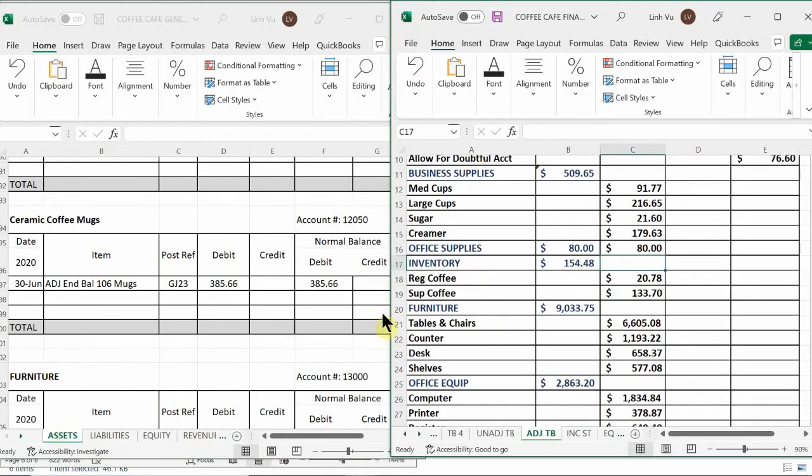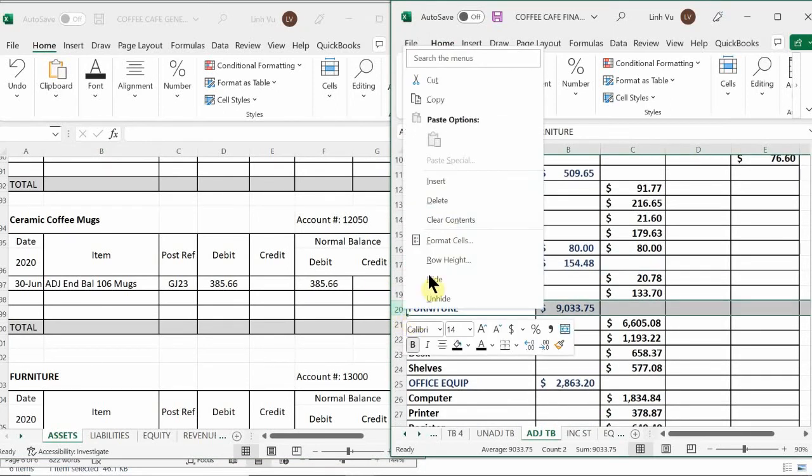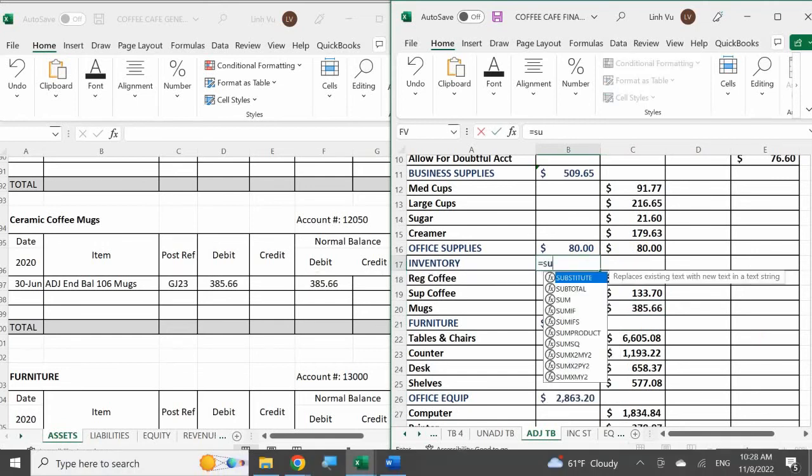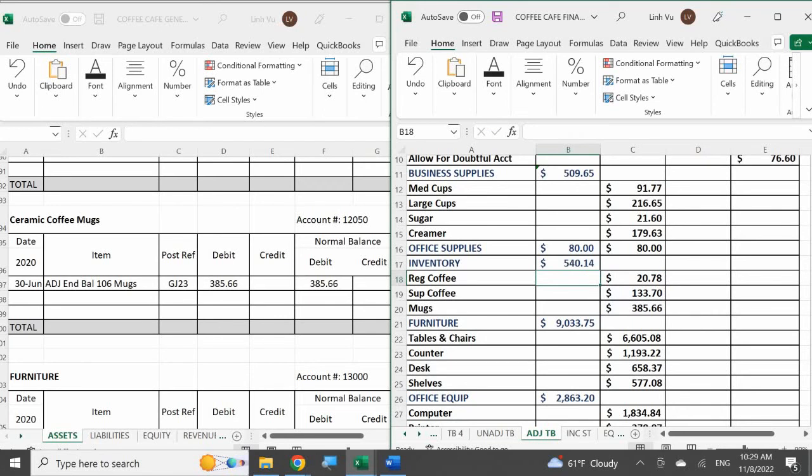I did a conversion for my periodic inventory, so now I also have to include my mugs, and my mugs were $385.66. So I need to redo my formula to include my coffee mugs: regular coffee, Supreme coffee, and my coffee mugs at $385.66. And now I have a total inventory of $540.14.